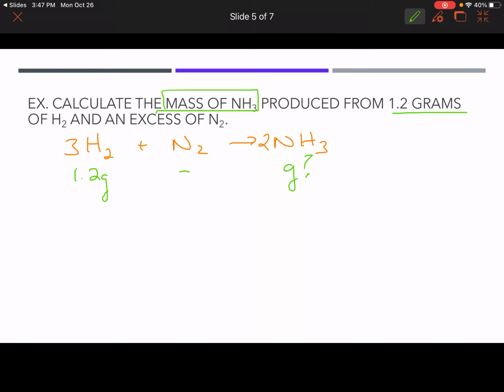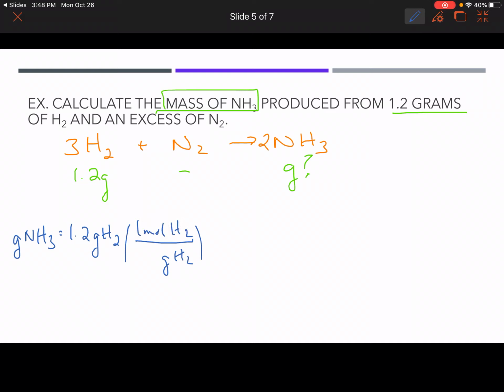So now I can go through and do the math on this. So I'm going grams to grams. So I want grams of NH3 equals, I know that I've got 1.2 grams of H2. So right away, grams of H2 goes on the bottom, and what goes on top? Moles of H2, because I have to convert that first into moles of H2, and this is going to be 2.02.